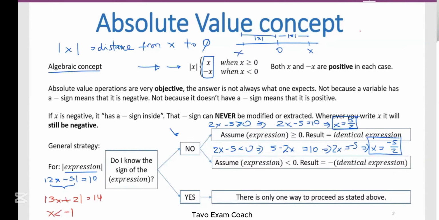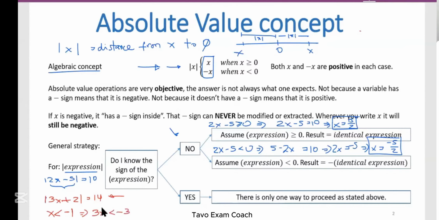Okay, if this is the situation here, we know we want to solve this equation and we want to find the values considering that you have the value of x in the range of less than negative 1. You can do the following. 3 times x would be less than negative 3.